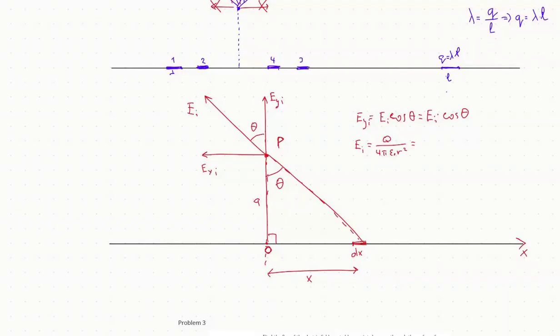And r squared is actually a squared plus x squared. So it's 4 pi epsilon naught times a squared plus x squared, and multiplying this by cosine theta. So the vertical field from this small section of the wire is equal to lambda multiplied by cos. Okay, so I have to do cos anyways.